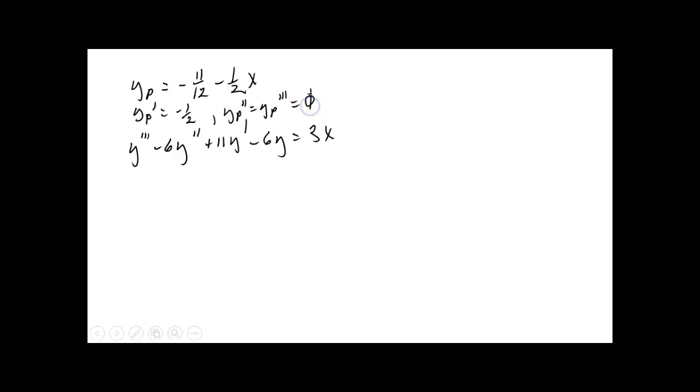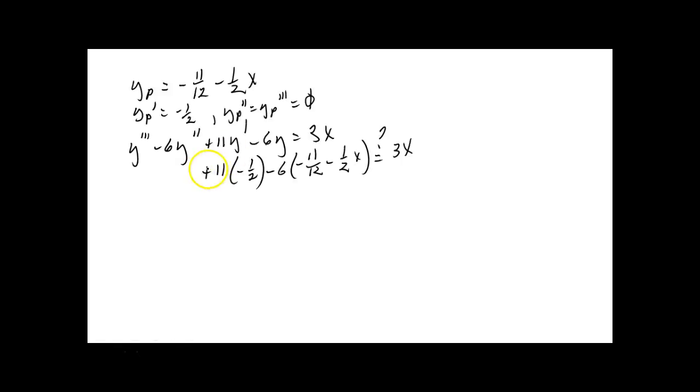Okay. So let's plug in what we've got so far. That would be 0 minus 6 times 0 plus 11 times y prime, which was negative 1/2, minus 6 times y, which is negative 11/12 minus 1/2 x. Is that equal to 3x?